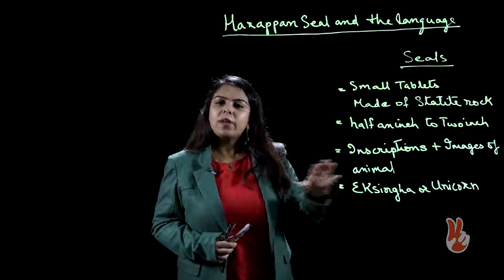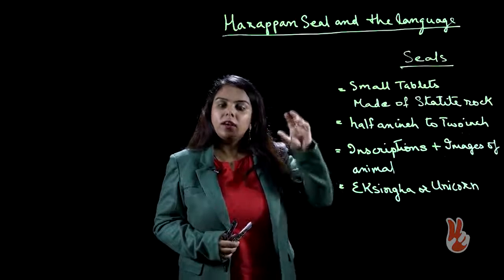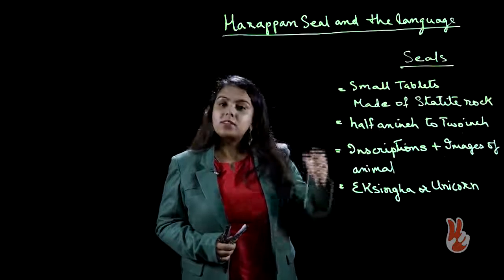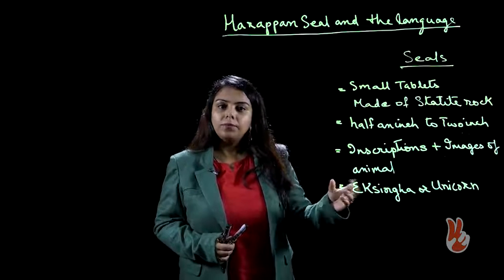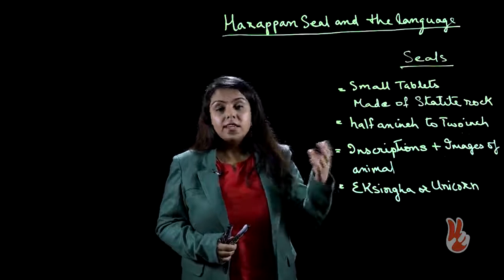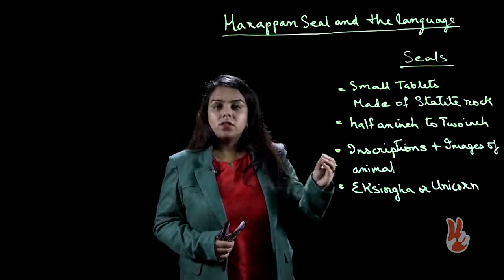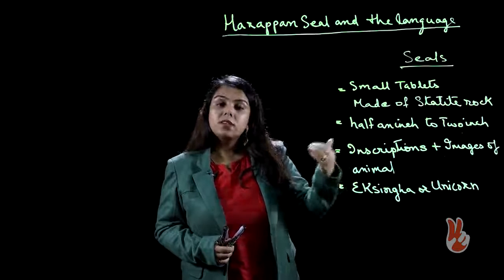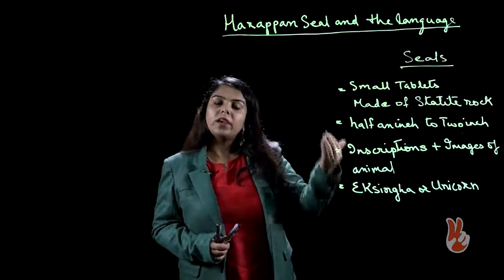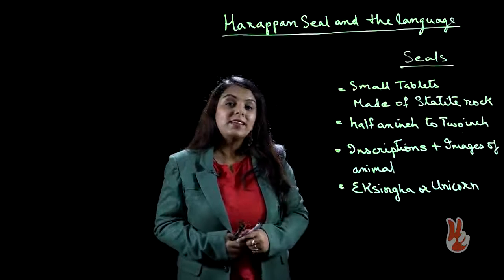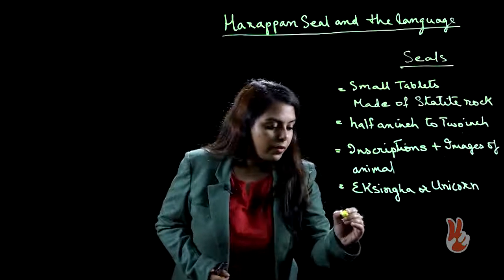These seals came in various shapes such as circular, rectangular, square, button, cylindrical. And if we look into the use of the seal, today historians feel that these seals were used as identity markers.